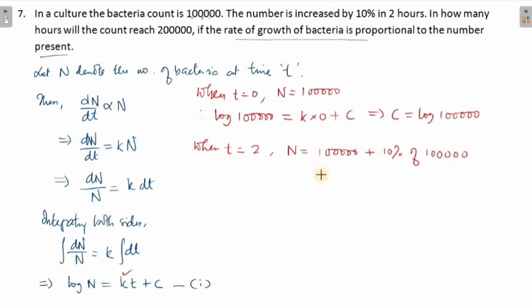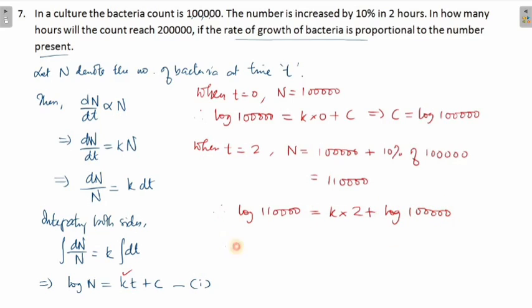When you evaluate this, the bacteria count becomes this much. So again from 1 you get log n, n is 4 zeros, is equal to k into t, t is given as 2, plus c. C is log 1 lakh, isn't it?